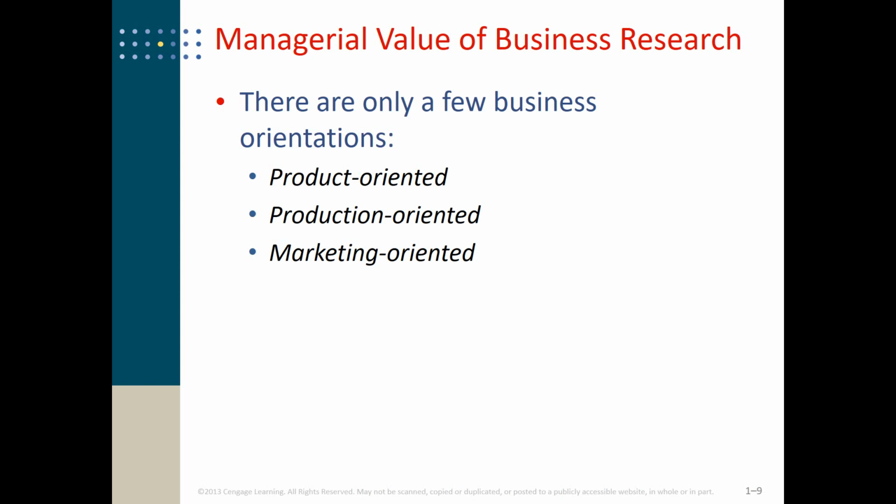A product-oriented firm, for example a fashion house, prioritizes decision making that emphasizes physical product design, trendiness, or technical superiority. So here, the product's physical attributes get priority.